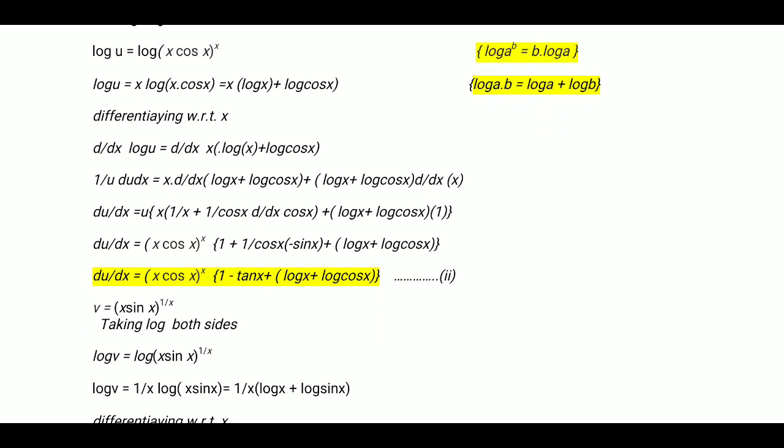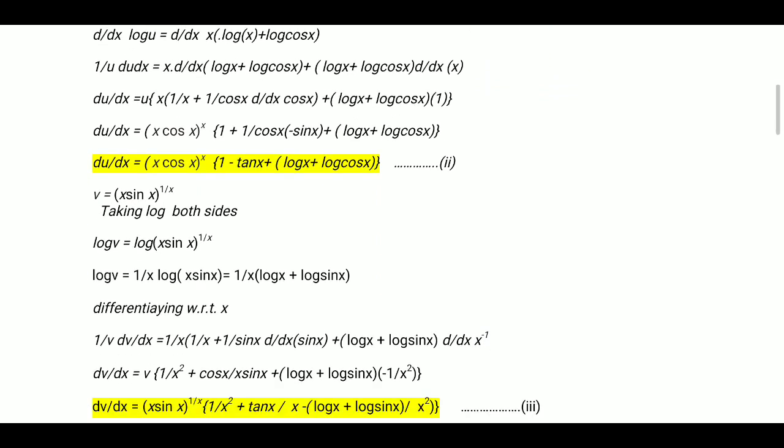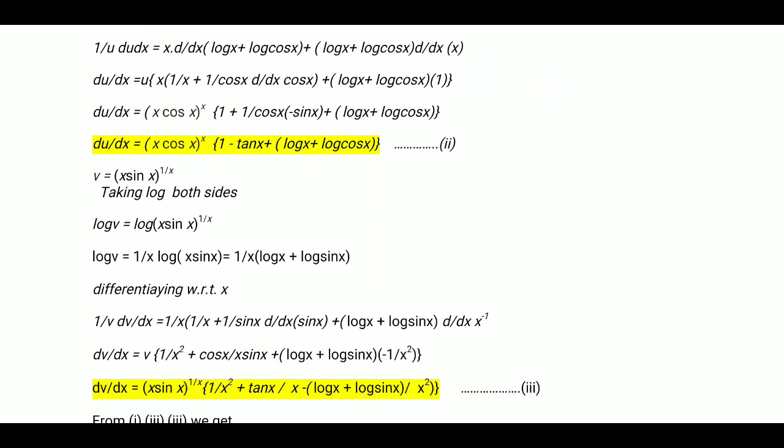So now we have v is equal to (x sin x)^(1/x). We can take log here, so taking log both sides, we get log v is equal to log (x sin x)^(1/x). That means log v is equal to (1/x) log(x sin x).